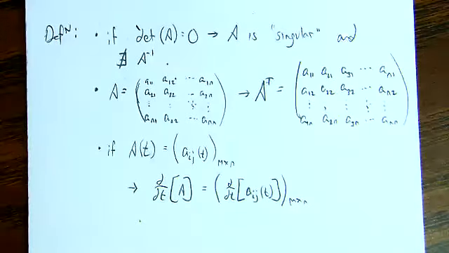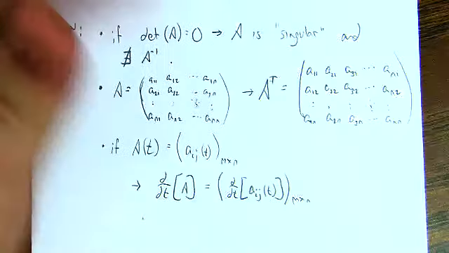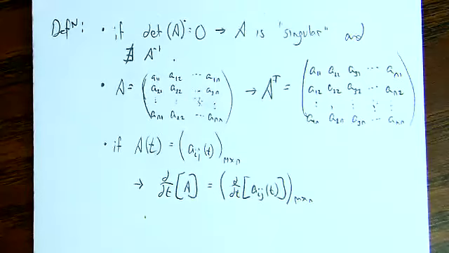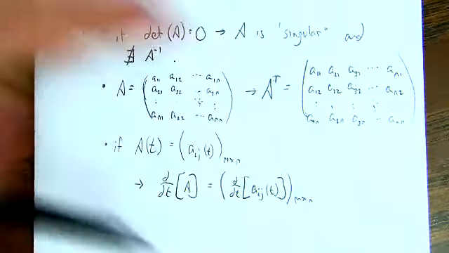Which is to say, if I have a matrix that has functions of t as its elements, taking the derivative of that matrix is as easy as we would like it to be. We just go through each element and take the derivative in the exact same way we took the derivative of vectors, of vector valued functions.